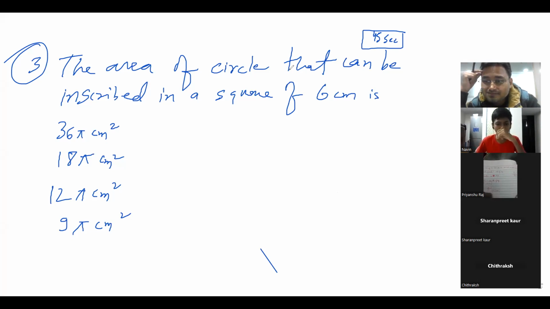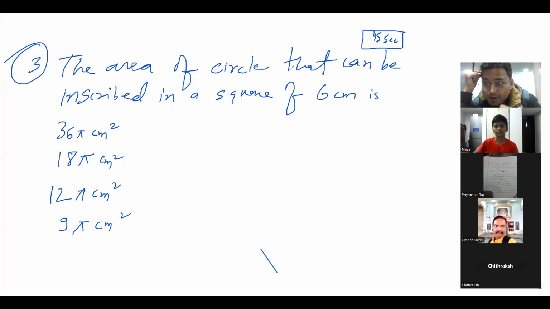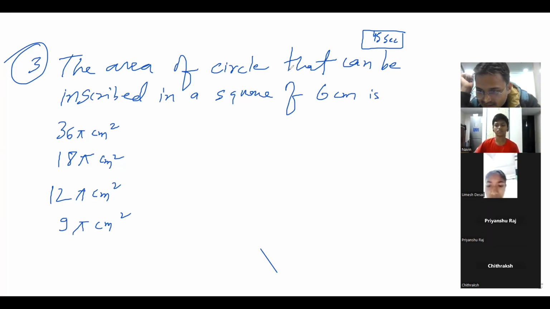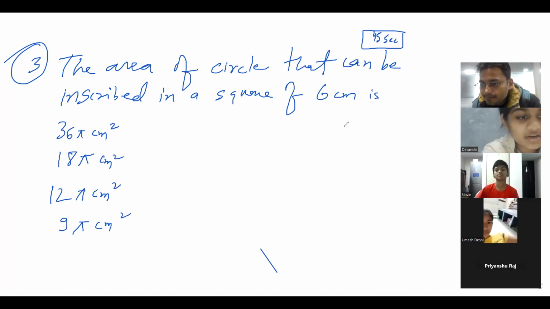Where is your figure? Sir, even I have done it. Show your copy, bacha. I want to check your copy only. Done, all of you? Minus comes to 9 pi centimeters square.